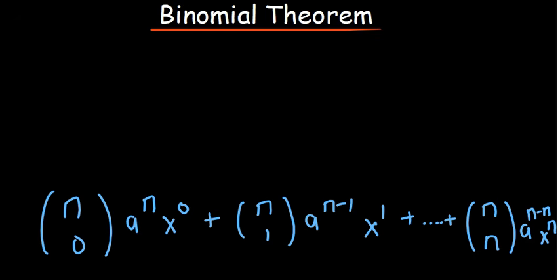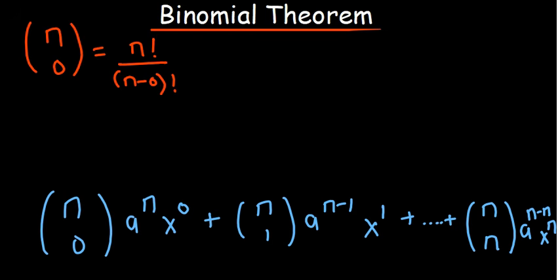So how do we handle this? We want to simplify this more than we have it right now. So what I'm trying to say is, if you look at n choose 0, that is the same as n factorial, and then the difference is n minus 0 factorial, 0 factorial. So that is the same as n factorial.